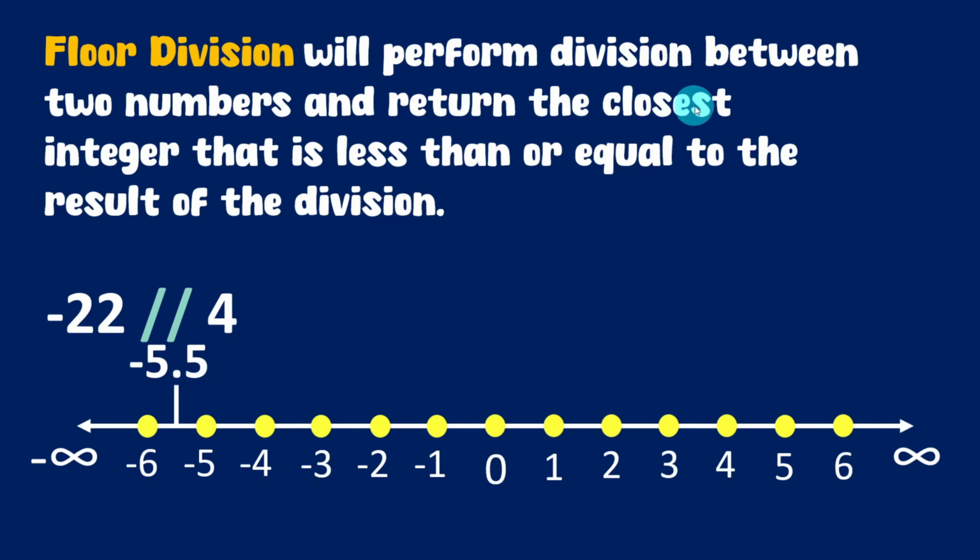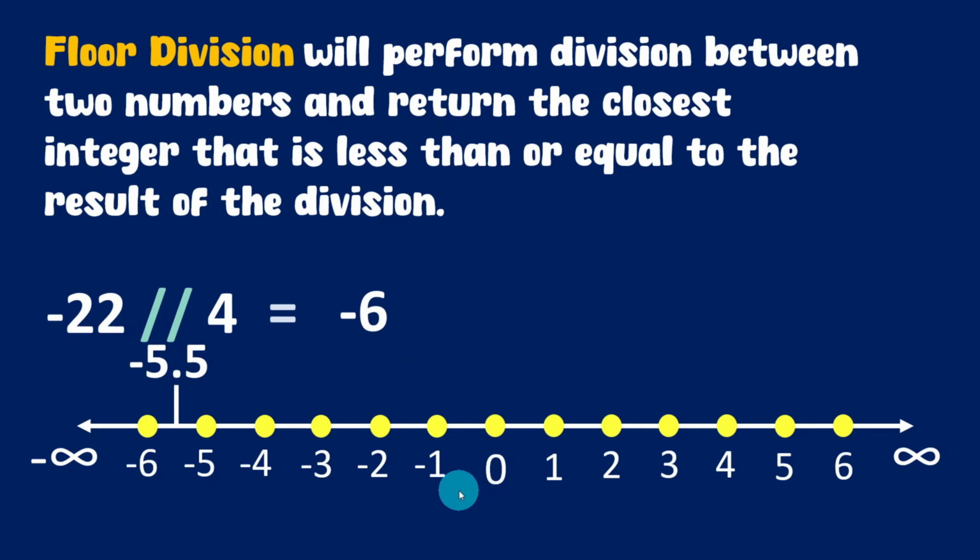Next we have to find the integer that is closer to this number and it has to be less than or equal to this. The integers that are closer to minus 5.5 are minus 6 and minus 5. But now we have to find the integer that is less than or equal to minus 5.5. Minus 6 is less than minus 5.5. Hence minus 22 floor division 4 will be minus 6.